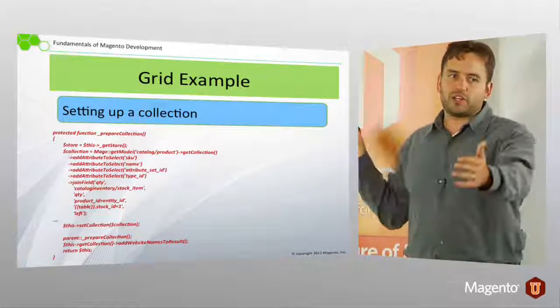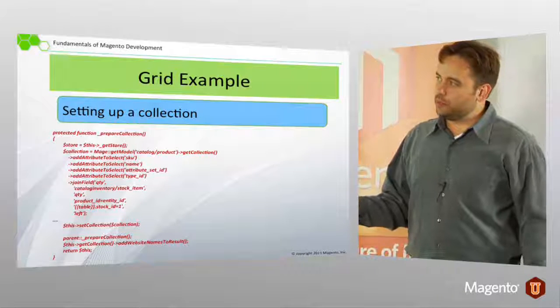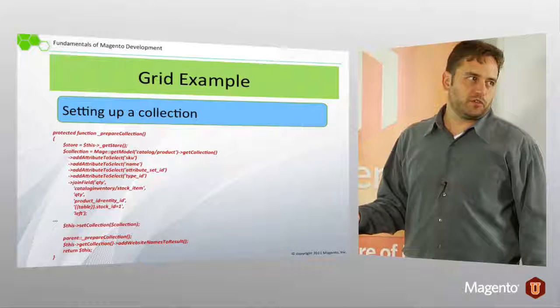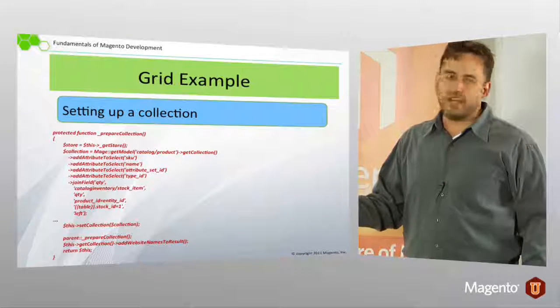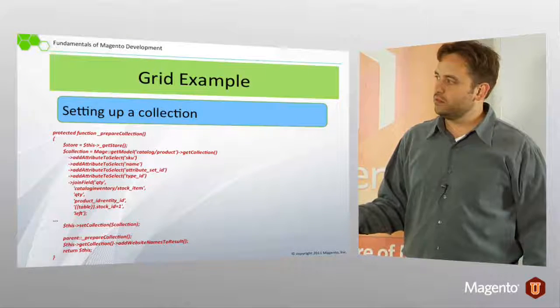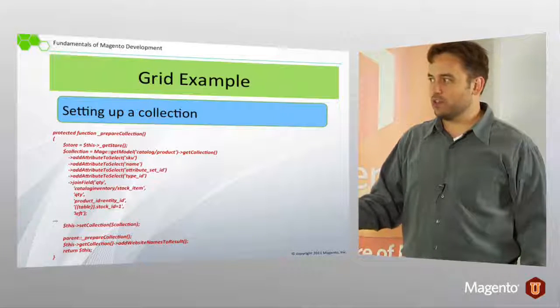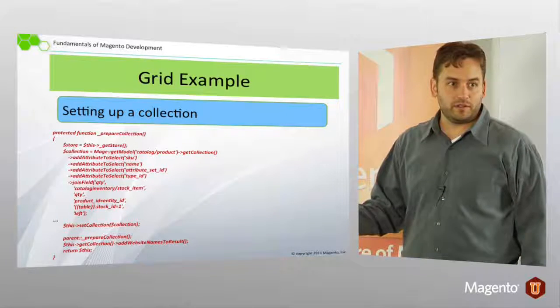Rather than loading the entire record, we're just adding these attributes that we know we're going to use in the grid. We have our static entity attributes, and then we're adding these EAV attributes to that collection. And here we're doing a join so we can get the catalog inventory.